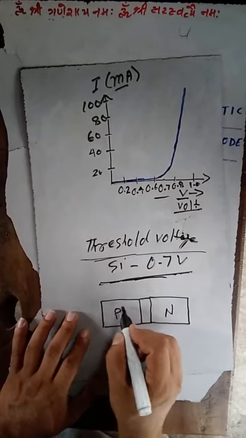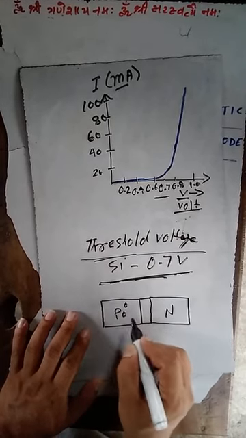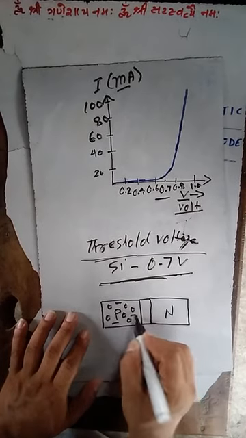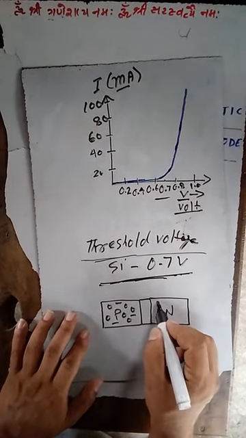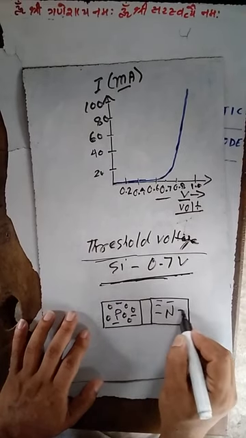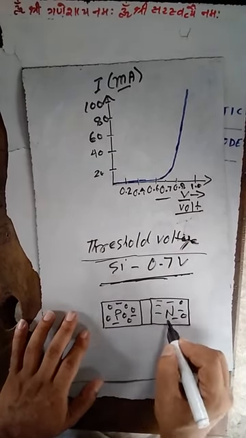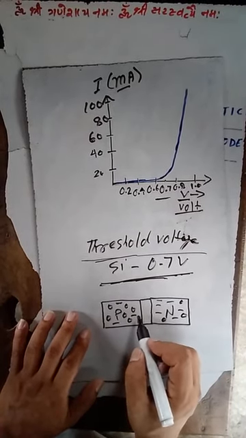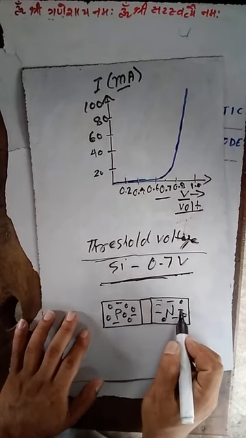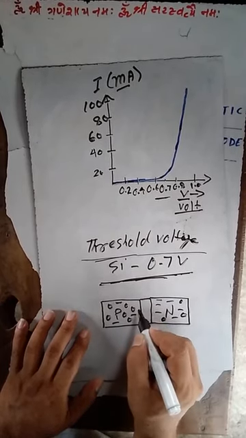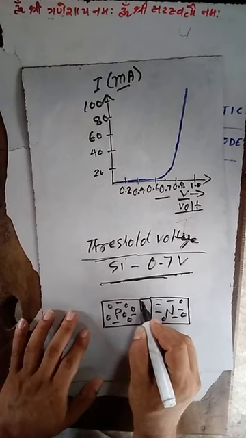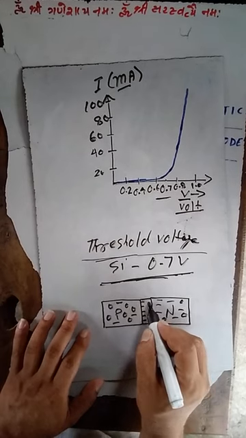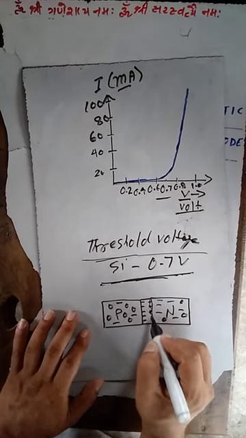Here we have a majority of holes and a minority of electrons. Here we have a majority of electrons and a minority of holes. Holes get diffused into the n-type, and that's why it becomes negatively charged. So this space region becomes negatively charged and this becomes positively charged.